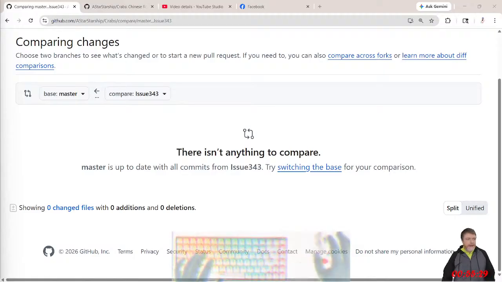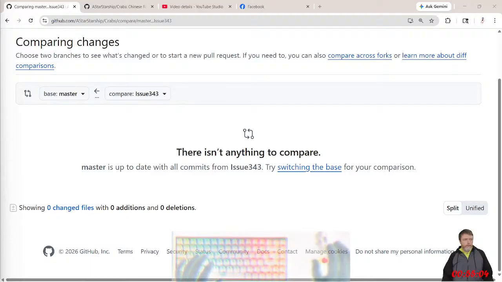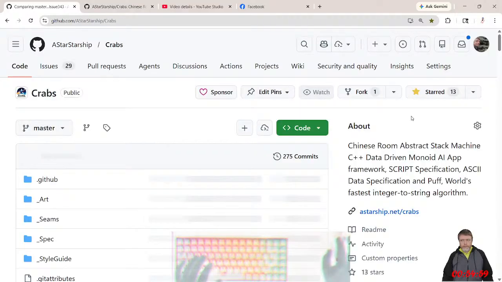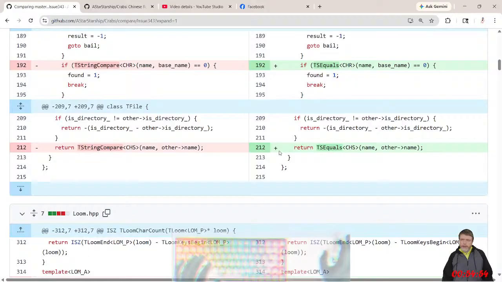I didn't commit. Oh, I misspelled commit. All right. So I misspelled commit. I was wondering what happened with that.